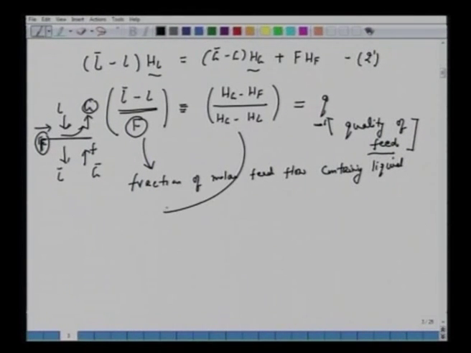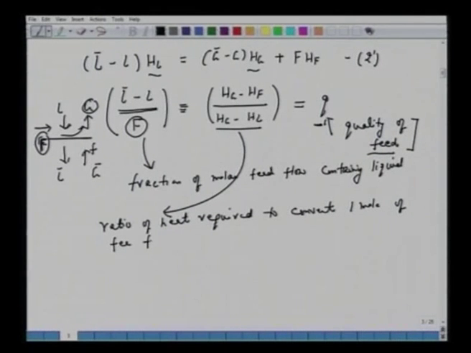If you go by this definition here, Hg minus Hf over Hg minus HL, one can also write that it's a ratio of heat required to convert 1 mole of feed from the HF conditions to a saturated vapor.